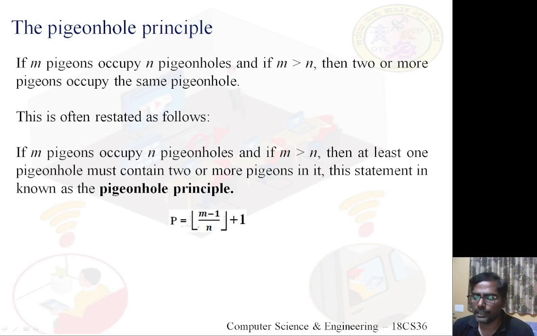In some cases, we need to determine the minimum number of pigeons that will be in any of the pigeonholes. And for that we have the formula P equals floor of (m minus 1) divided by n, plus 1.